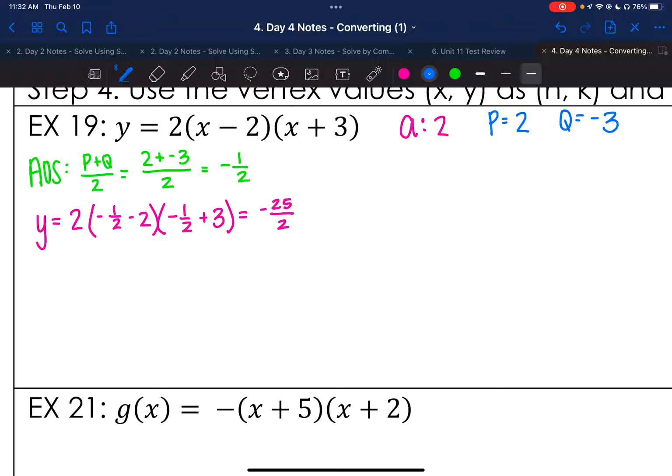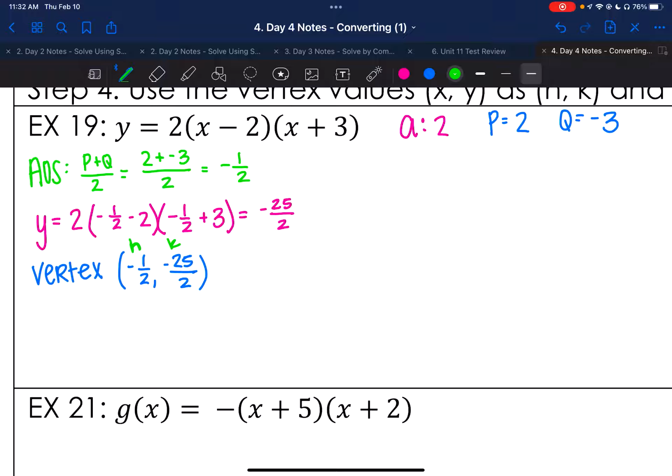We'll take our axis of symmetry and our y value and know that this is our new vertex. Our vertex is negative 1/2 and then negative 25 over 2, also known as h and k.